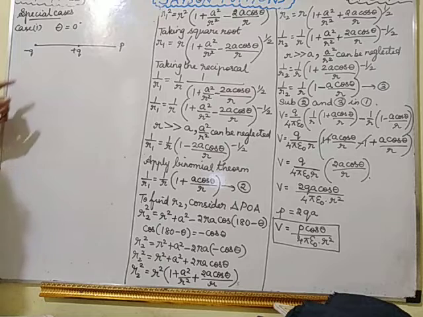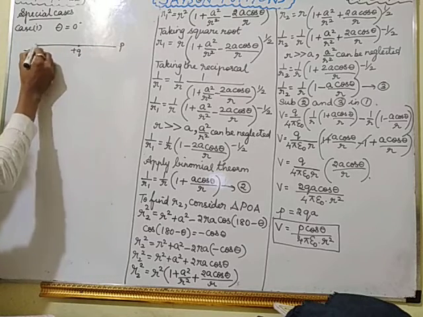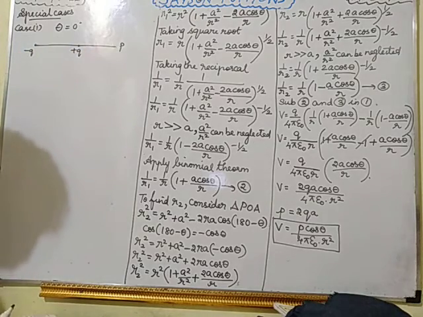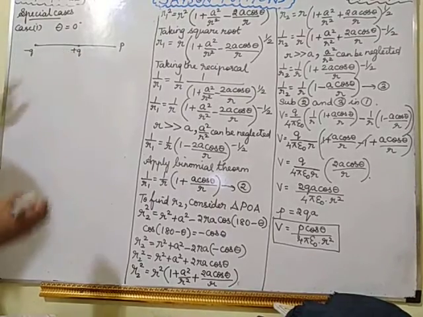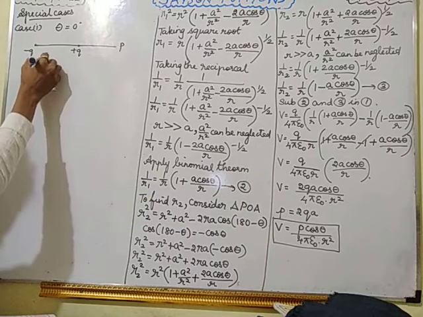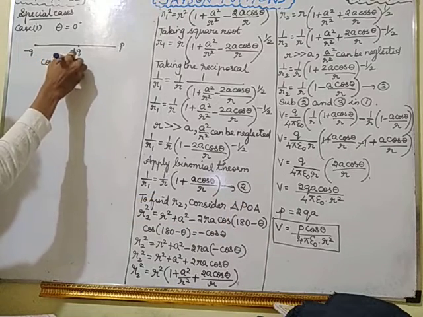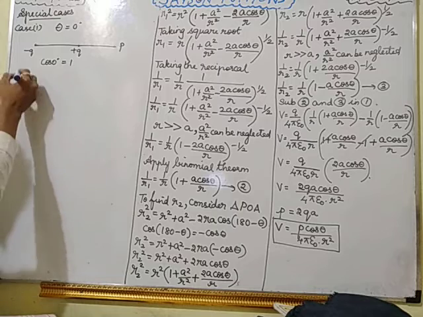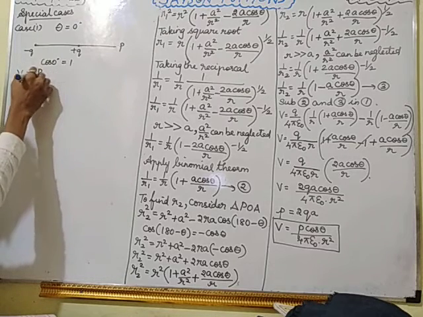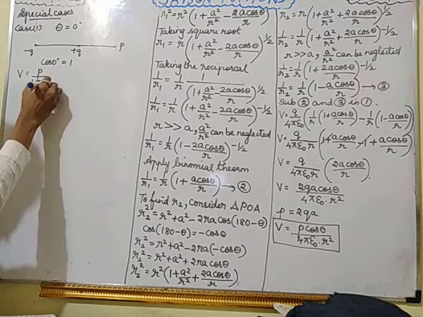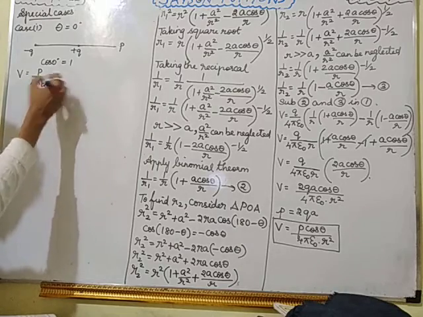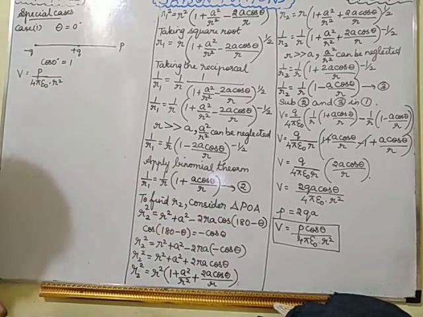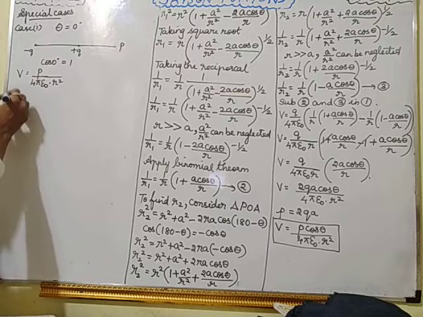So the angle between the dipole and the point P is 0. If theta is 0, you have to substitute that. What will be cos 0? cos 0 value will be equal to 1. So my potential will become P by 4 pi epsilon naught into R square. Okay, so it will be maximum when it is on the axial line.